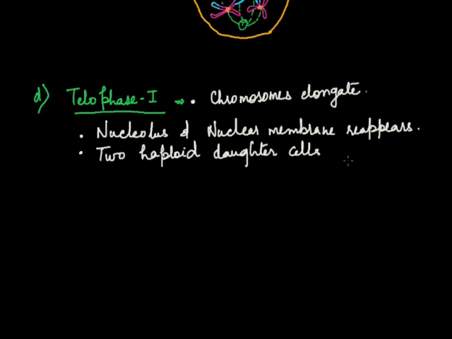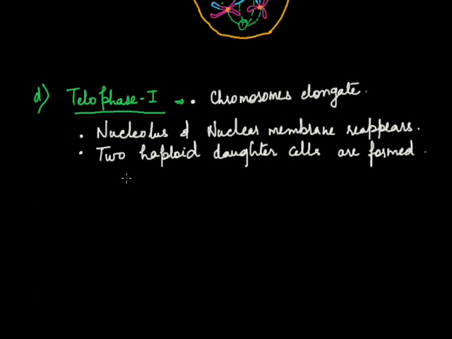So, after the end of telophase 1, two haploid daughter cells are formed. This is the major difference between mitosis and meiosis: during mitosis, the chromosome number remains the same, so if the cell is diploid, the daughter cells formed after mitosis are again diploid. But in meiosis, the parents are diploid, but after the end of meiosis 1, the daughter cells formed are haploid.